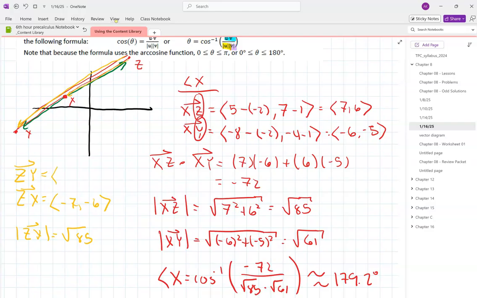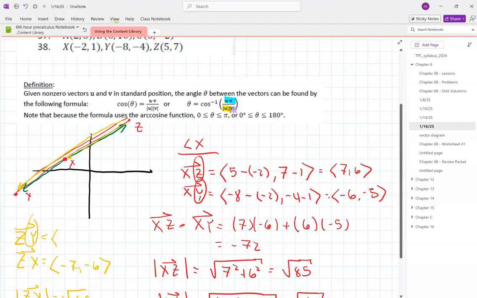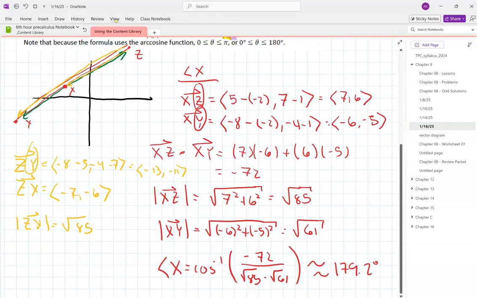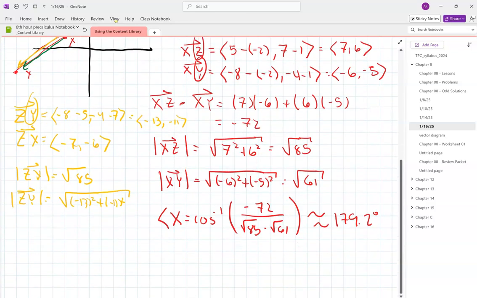All right, ZY. So Y is the head. When I do this, I have -8 minus the tail, and then -4 minus the tail. So that's -13 comma -11. The magnitude of ZY is going to be -13 squared plus -11 squared. So 169 plus 121 is 290, I think.